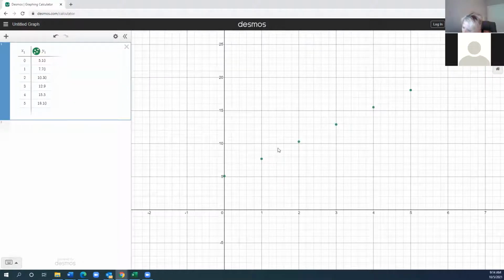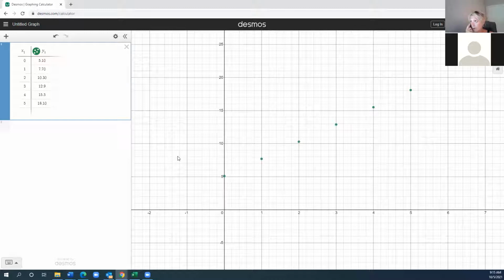Okay. So question 2 says, what do you notice about the pattern that the points on your scattergram are making? Use the observations about the pattern to connect the points, drawing the graph. So what did you notice, Carter? That the price increases by the same amount.